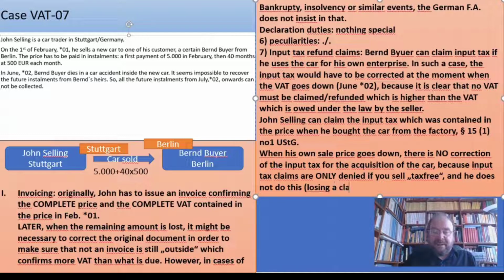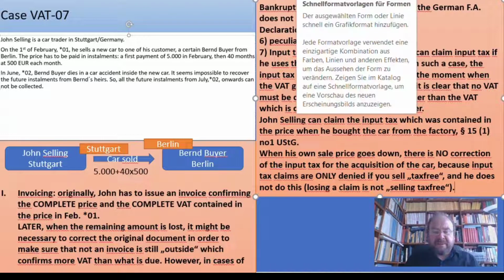Losing a claim is not selling tax-free. That's something completely different. So these were my small remarks on that case.